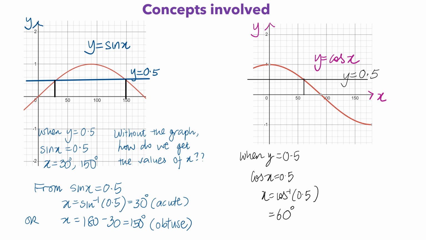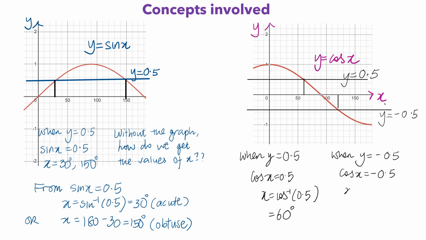Let's look at what happens if your y is negative 0.5. From the diagram, you can see that the angle is 120. Okay, so this is how we do it. When y is negative 0.5, you cosine inverse it. You'll see that you get 120, which is obtuse angle. So can you see the difference between the sine and the cosine? Okay, so for sine, that's summarized.